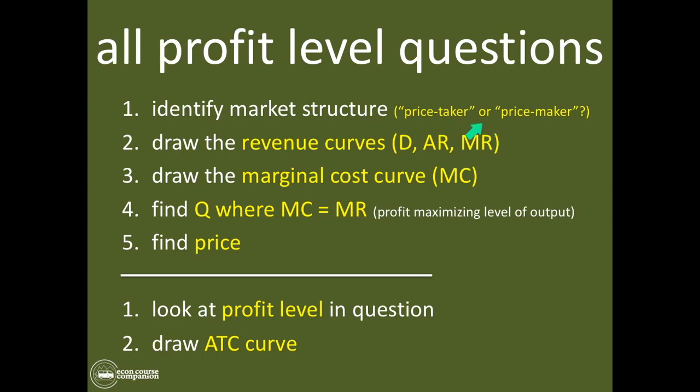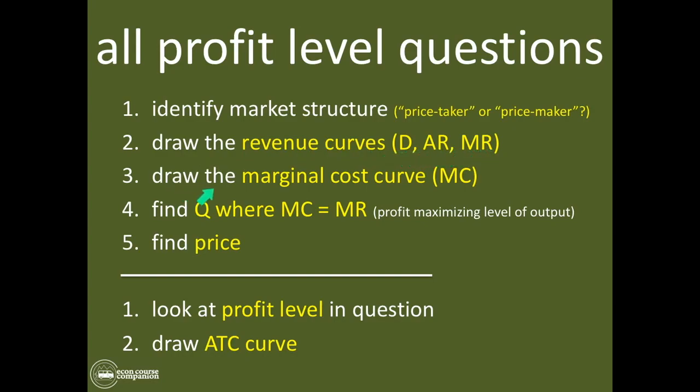Okay, because these two different market structures ask you to draw a different revenue curve, right? So the second thing you're going to do, and it's going to make more sense, go with me on this, okay? Go through this whole video. This is a critical video. After you determine if it's a price taker or price maker market structure, you are going to draw the corresponding revenue curves of demand, average revenue, and marginal revenue.